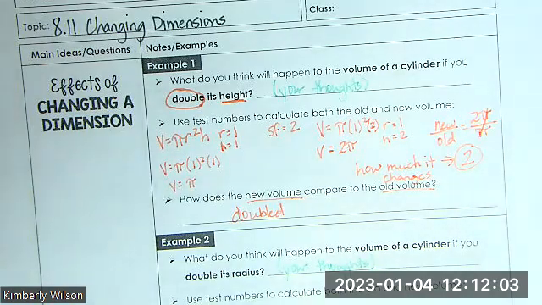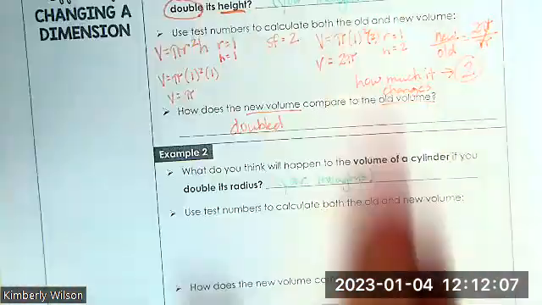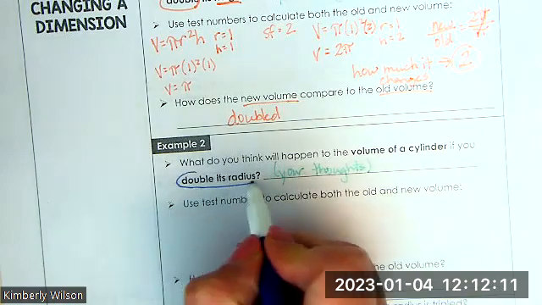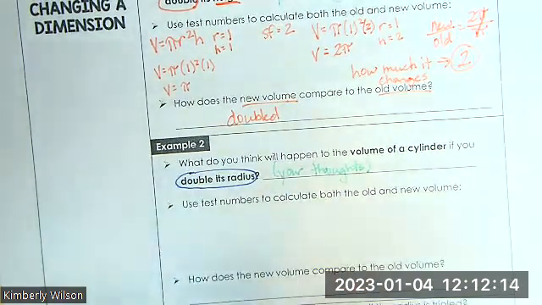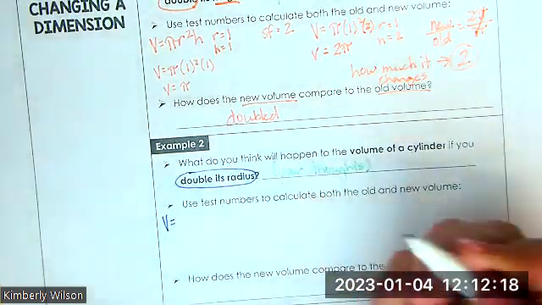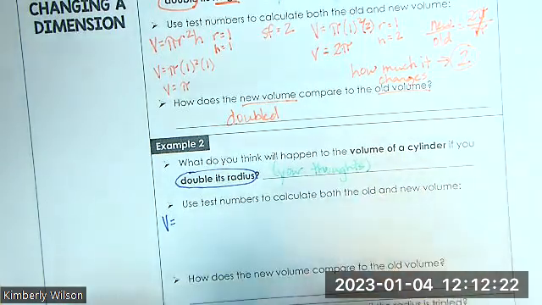Okay. Next, we're talking about the volume of the cylinder if you double its radius. Now, this is where it throws a curveball, because we've got to remember the volume formula. Again, write down your thoughts of what you think is going to happen.